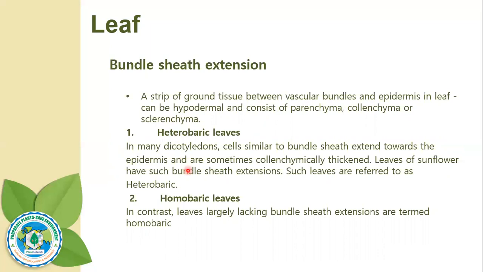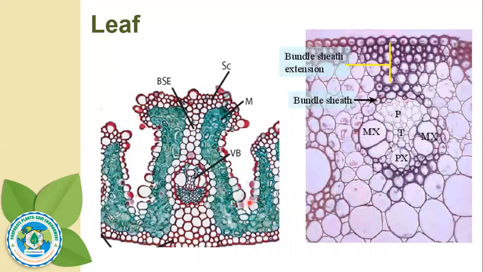The heterobaric leaves: in many dicotyledons, cells similar to bundle sheath extend towards the epidermis and are sometimes collenchymatously thickened. Leaves of sunflower have such bundle sheath extensions. Such leaves are referred to as heterobaric. The homobaric leaves, in contrast, are leaves largely lacking the bundle sheath extensions.